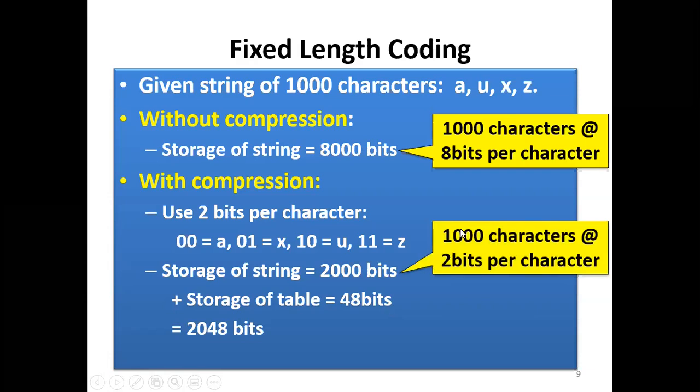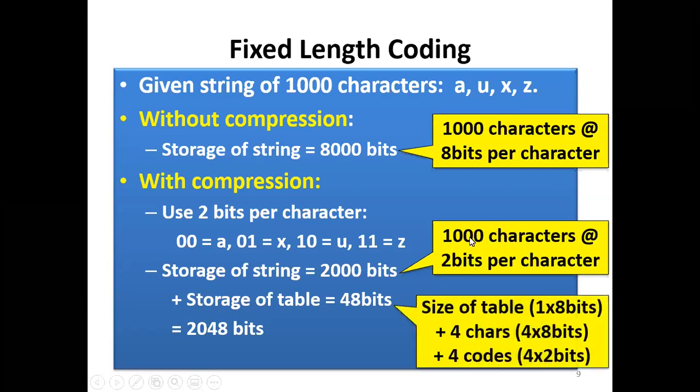This is because we have 1,000 characters comprising A, U, Z, and X, each of them has 2 bits, so multiplying gives 2,000 bits, and the size of the table for our conversion is 48 bits.